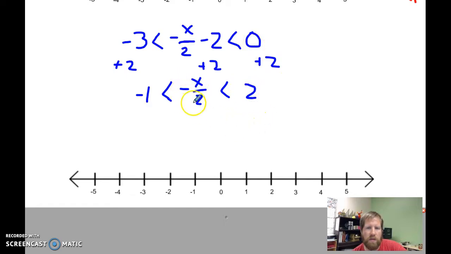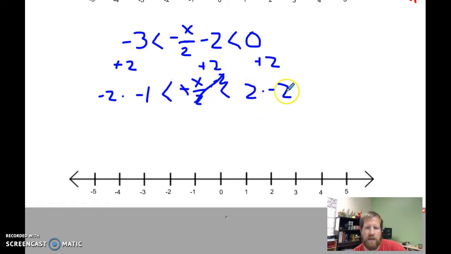And now I'm going to multiply, because this is basically a negative 2, an x over negative 2. I can move my negative sign to any one of these terms. So I'm going to multiply it by negative 2. Multiply this by negative 2. Multiply this one by negative 2. These will cancel. That'll cancel.